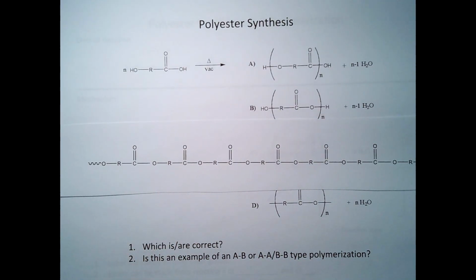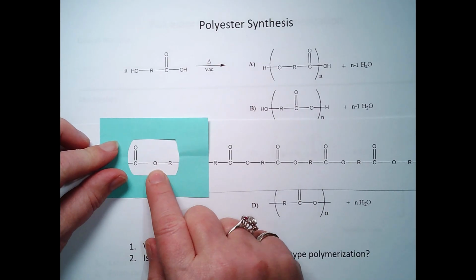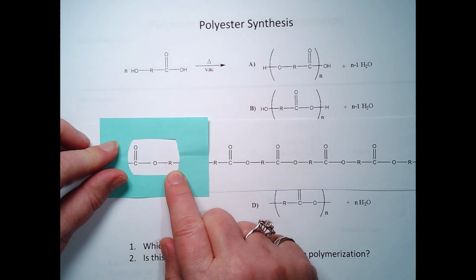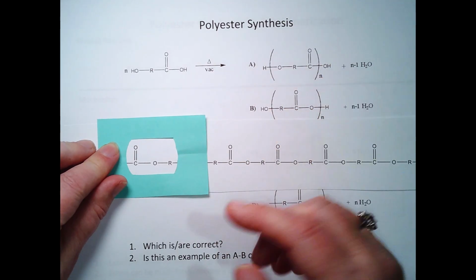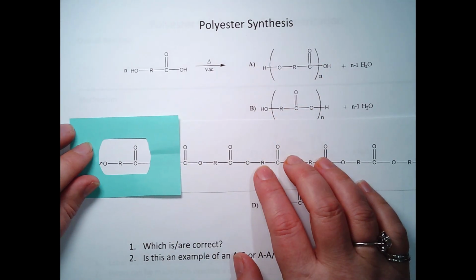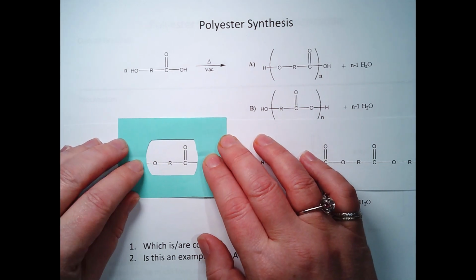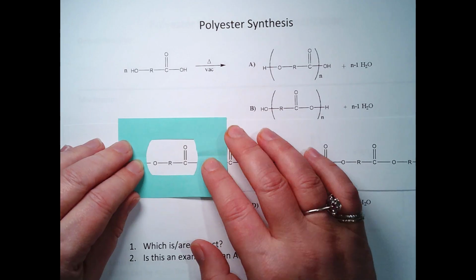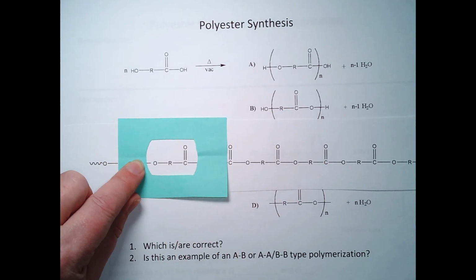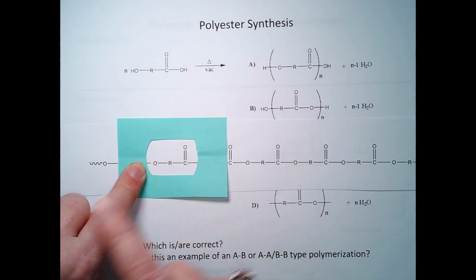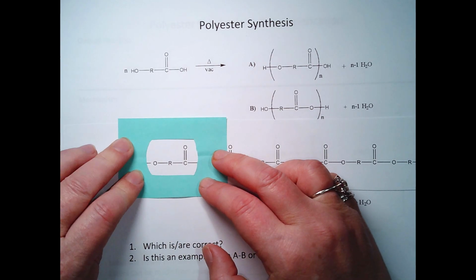Actually, I could have added another answer to this and started with carbonyl, oxygen, R, right? But that's just A flipped over, right? So you can write your repeat unit any way you want to, as long as you have every atom that's necessary for the repeat unit, properly connected and in the right order, right?